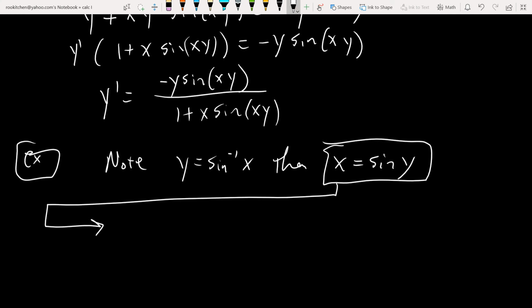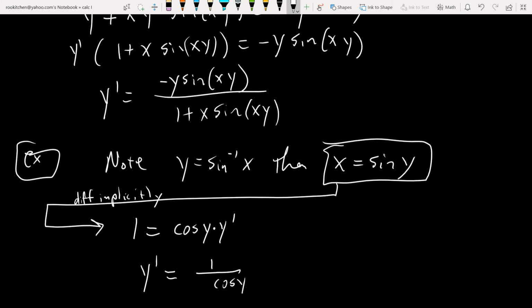So differentiate implicitly. On the left-hand side, the derivative of x is just 1. On the right-hand side, the derivative of sine of y is cosine of y times y prime. And then I can solve for y prime. So y prime will equal 1 all over cosine of y. And we want the biggest interval around 0 on which this will work.